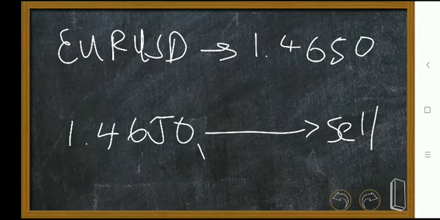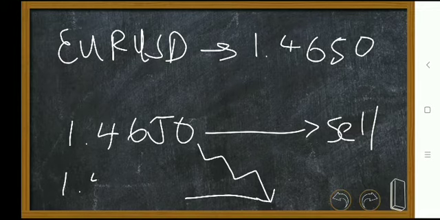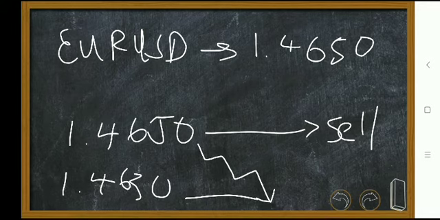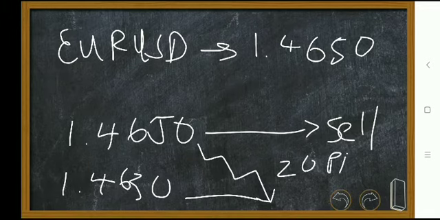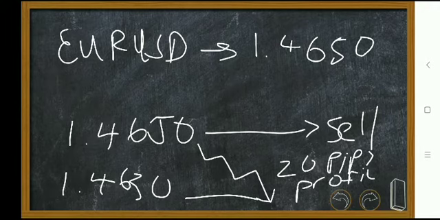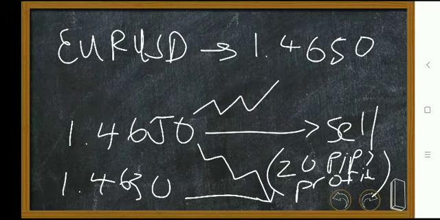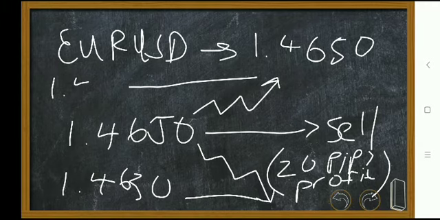If the market goes down, let's say it's at 1.4630, you're making profit, and that's by 20 pips. Then let's say the market price goes up to 1.4680.